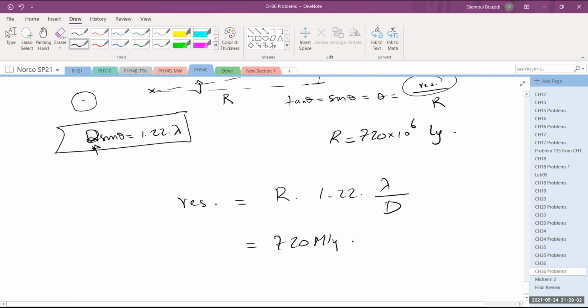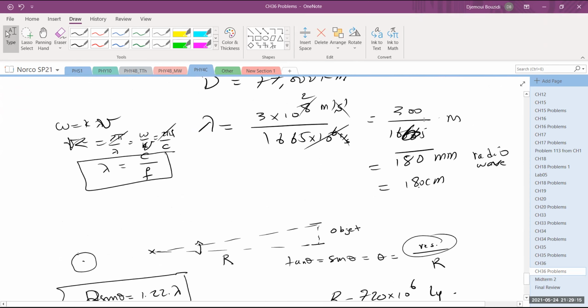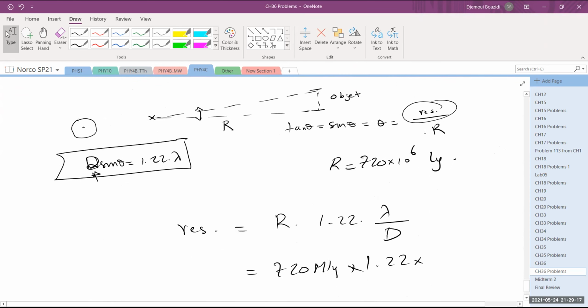Times 1.22, times lambda, which we just found. I'm going to leave it in meters, 300 over 1,665.